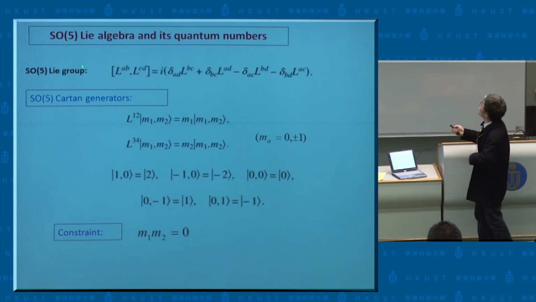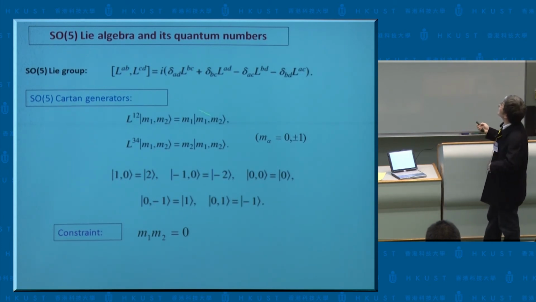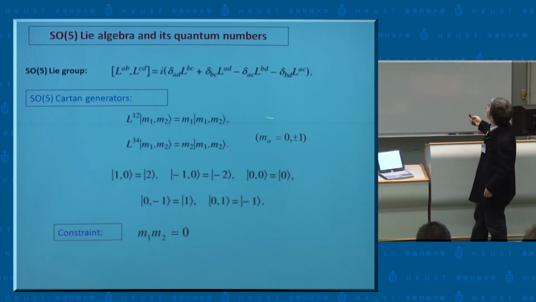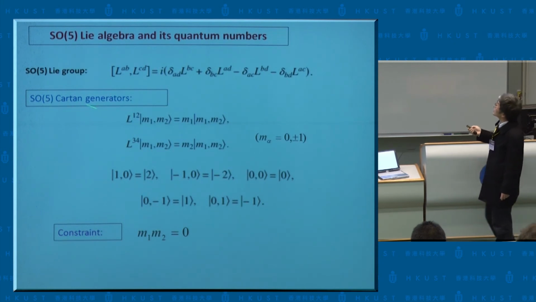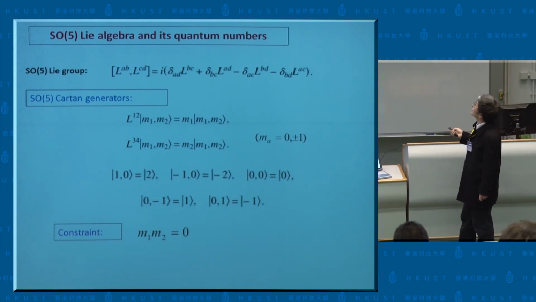In general, for the SO(5) Lie algebra, we have this commutation relation, and the important thing is that for this representation, we have two quantum numbers which can be used to describe the spin 2 states.